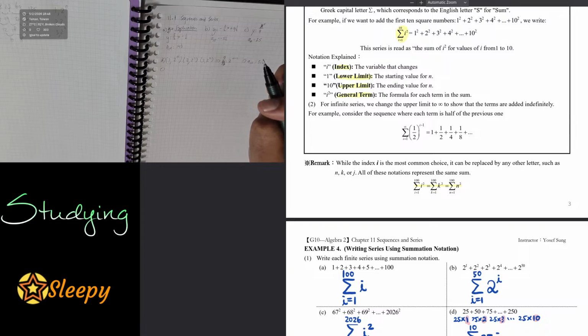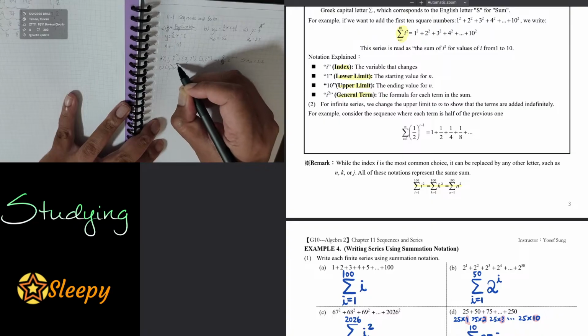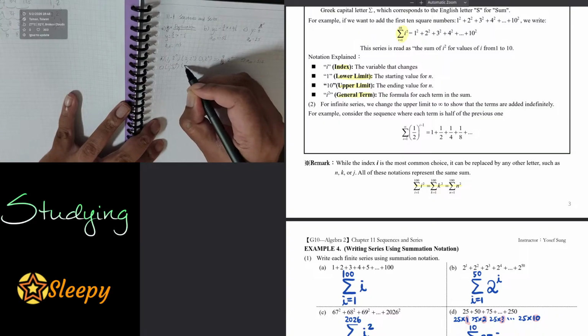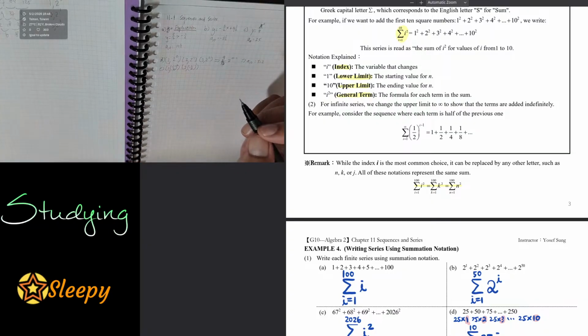So at 1, it's minus a half to the power of 0. And at 2, it's minus a half to the power of 1. Oh, so 1 to the power of 1. And it's the same idea, no?